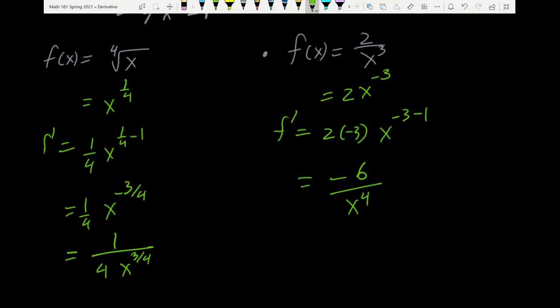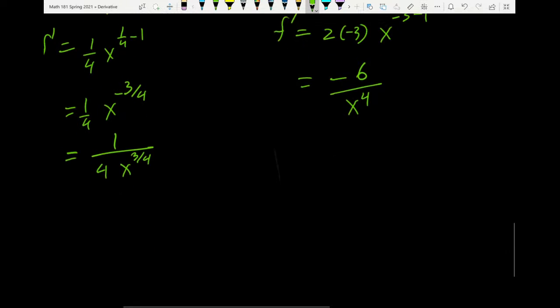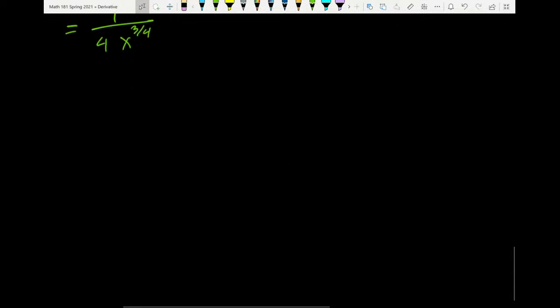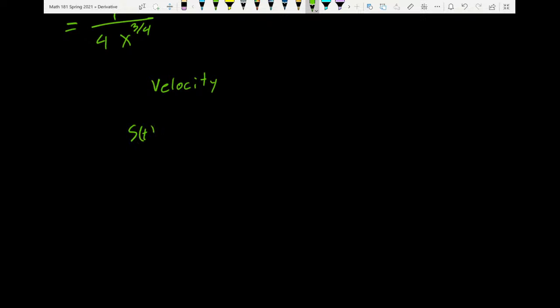All right. Let's look at velocity question. This is a position function.